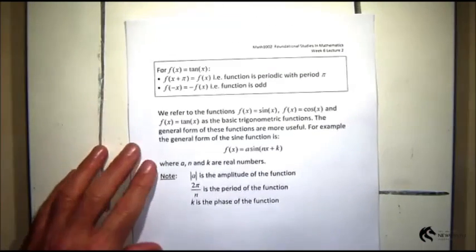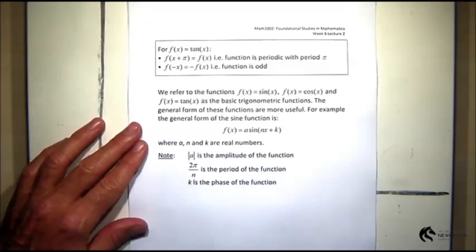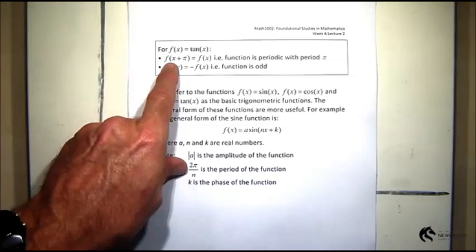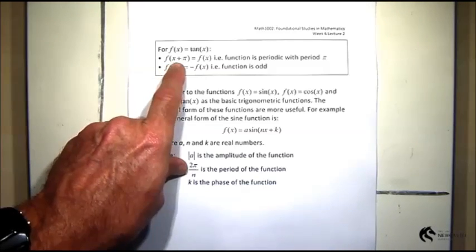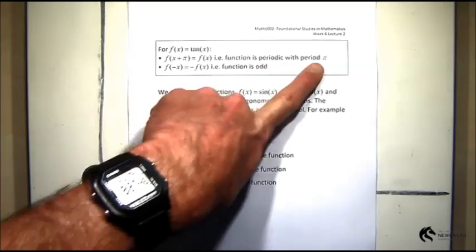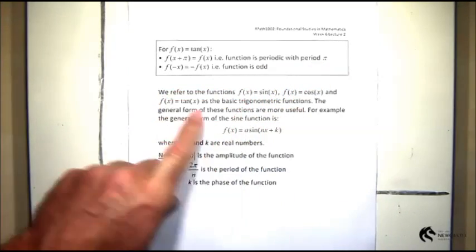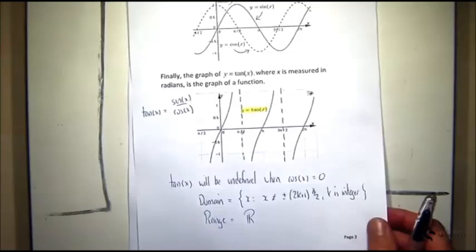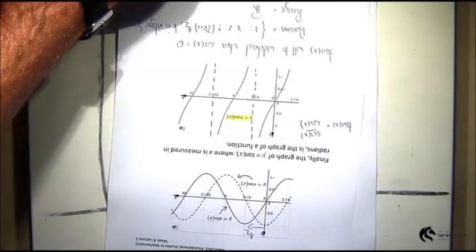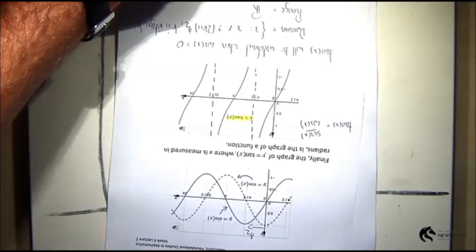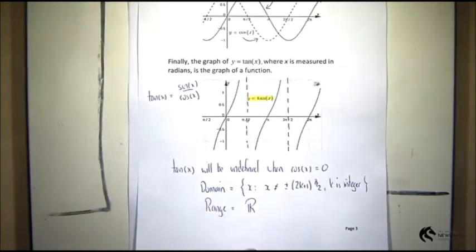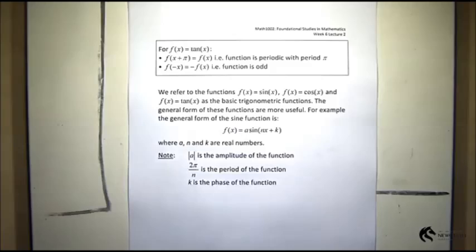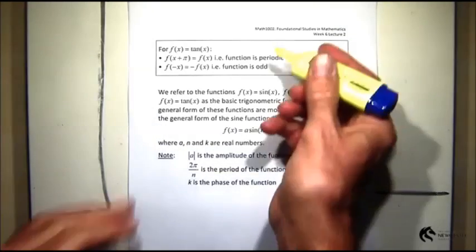And the other thing here is the function turns out to be odd. And once again, if I were to turn that upside down, it looks the same. That's our property of an odd function. So the tan graph is periodic with period pi, and it is odd.